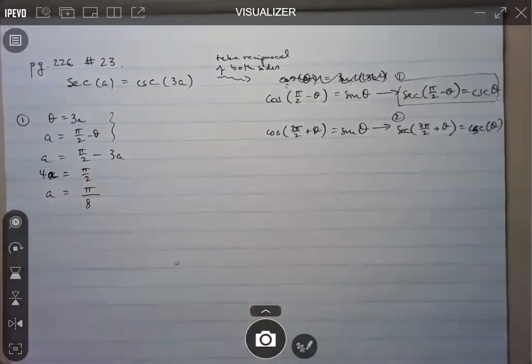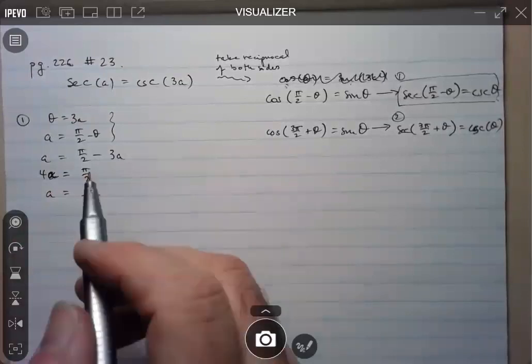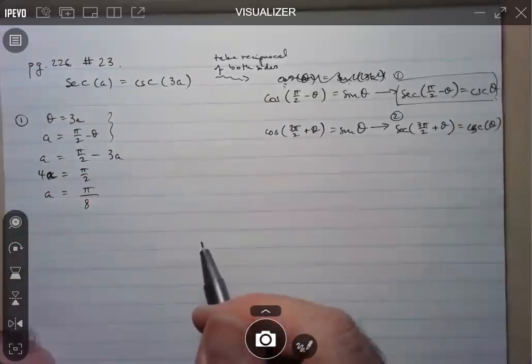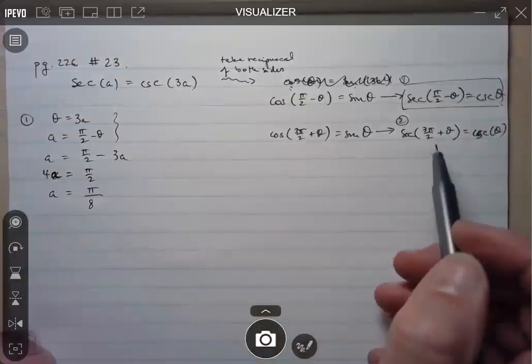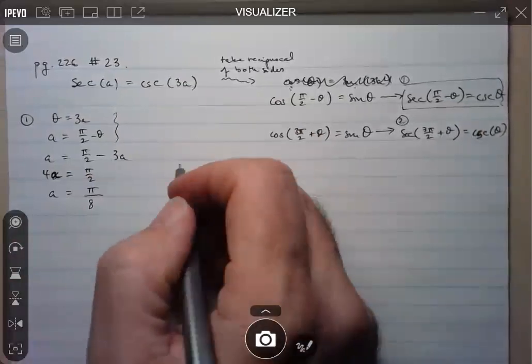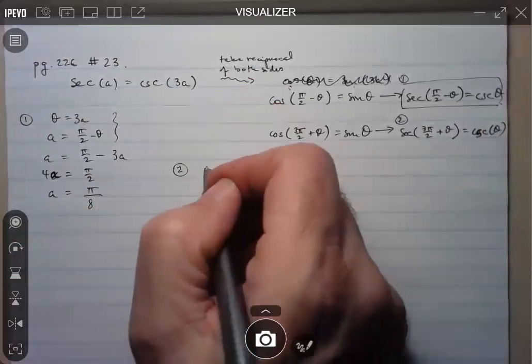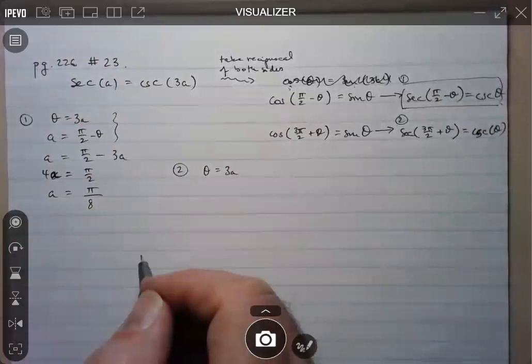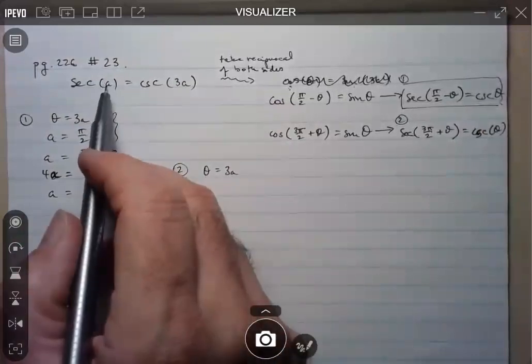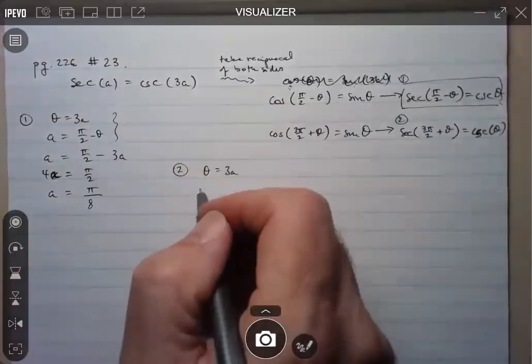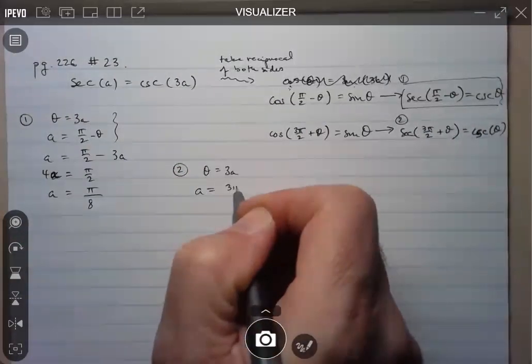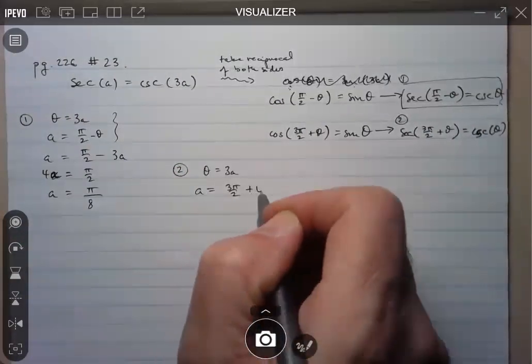Now if I want a second answer, I can just use the second identity. Again, I'll let theta be equal to 3a, and now the input to secant I'm going to let equal 3 pi over 2 plus theta.